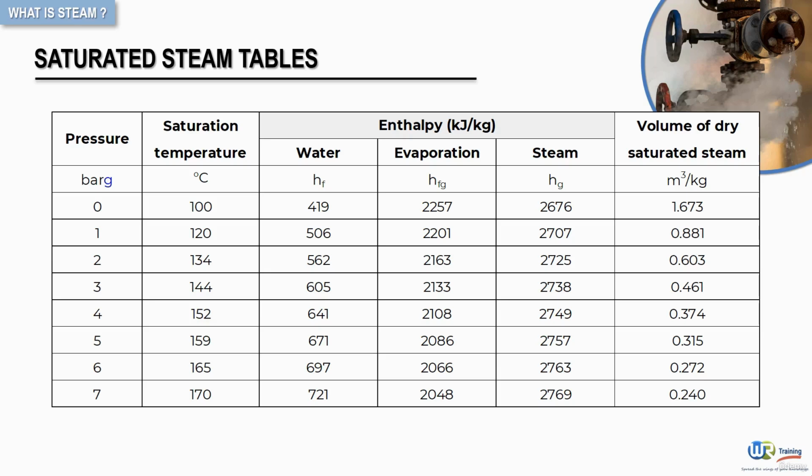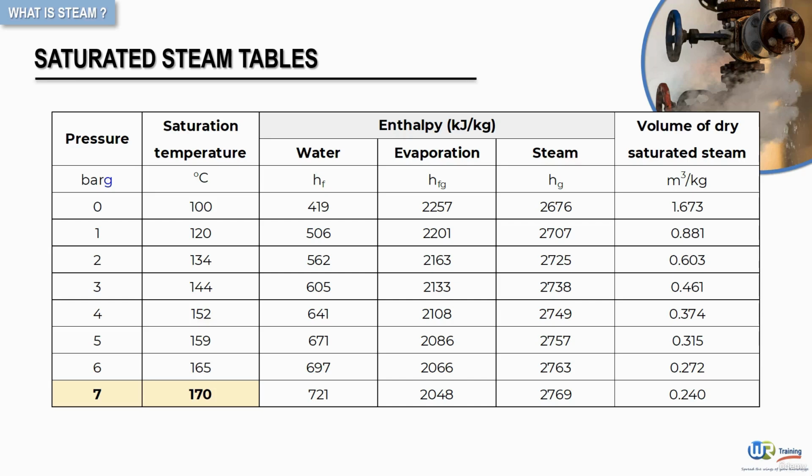Note here that at 7 bar, the saturation temperature of water is 170 degrees Celsius. More heat energy is required to raise its temperature to saturation point at 7 bar than would be needed if the water were at atmospheric pressure.